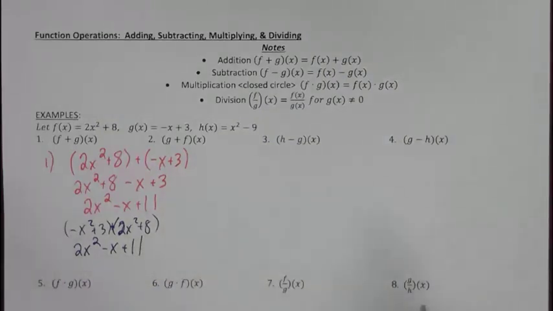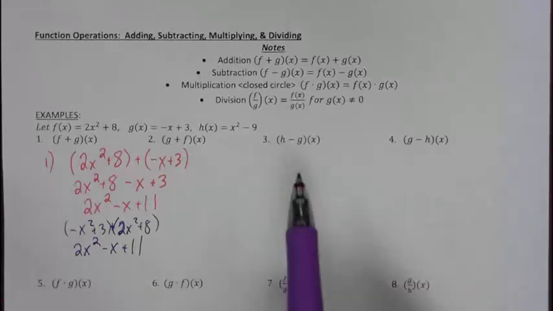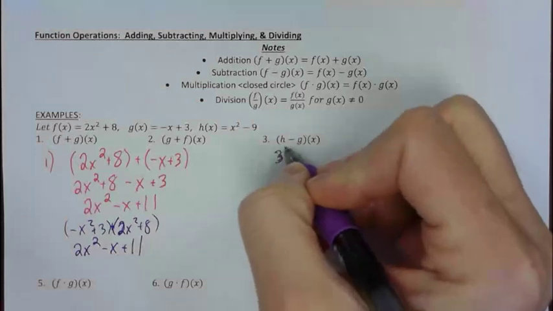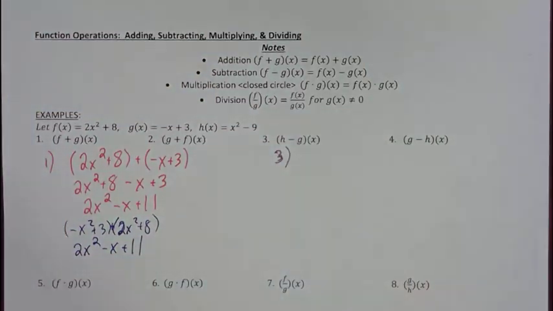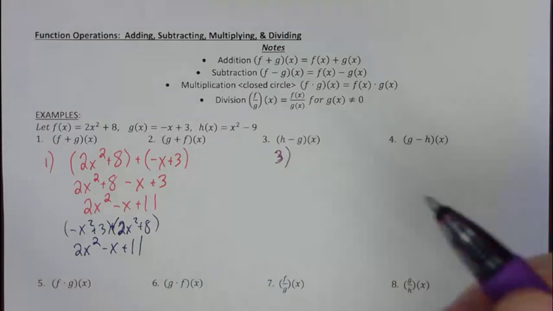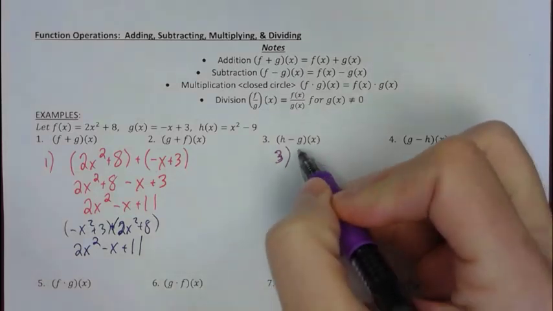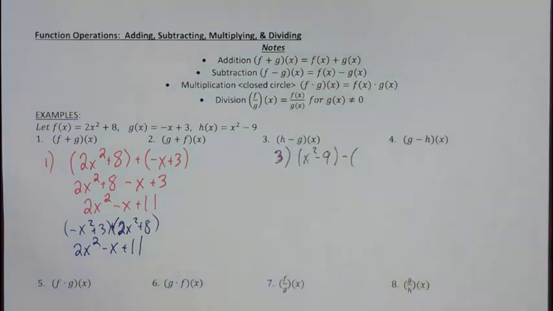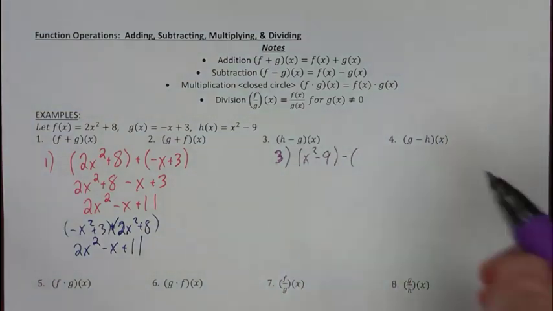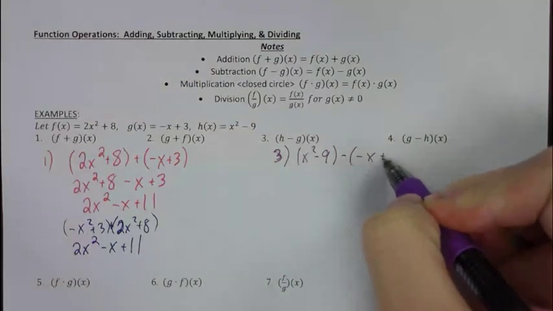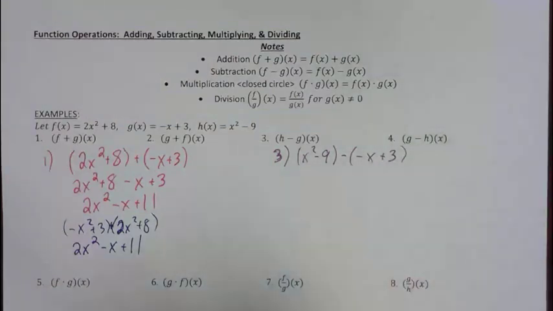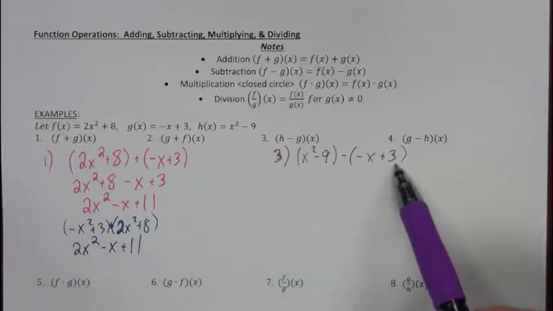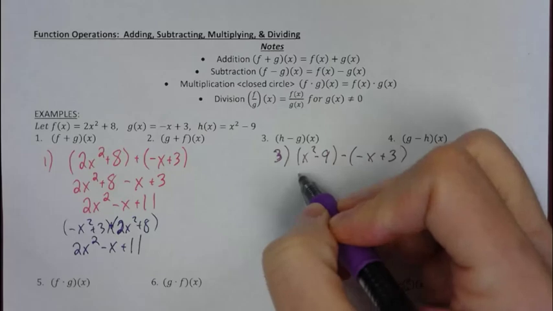Now if we look at the subtraction, so now we have h minus g. Subtraction in general can be a little trickier because we have to make sure we're careful with minus signs and negative things in general. So if h is x squared minus 9, and I'm going to subtract g, which is negative x plus 3, well, we know that that is basically going to be subtracting each of these second parts, and that's going to cause it to be the opposite sign.